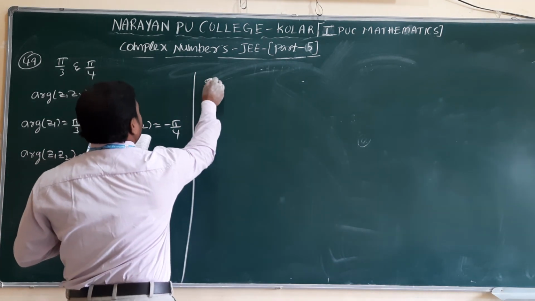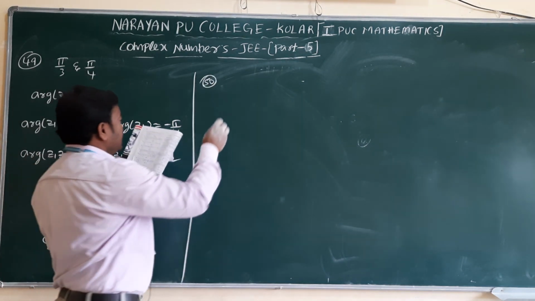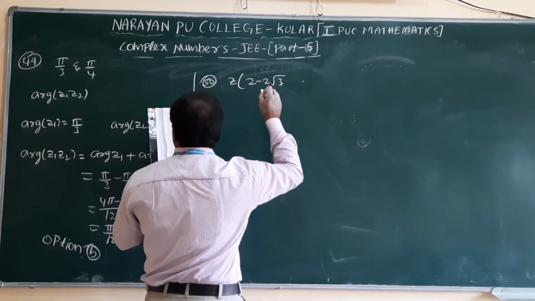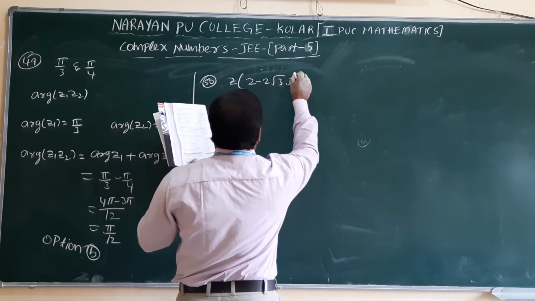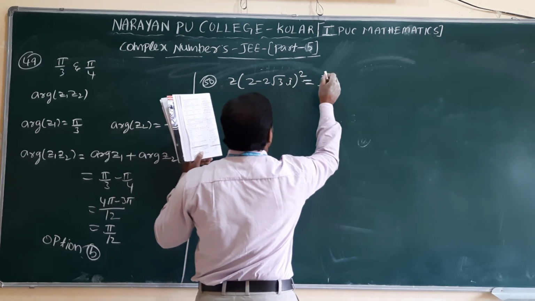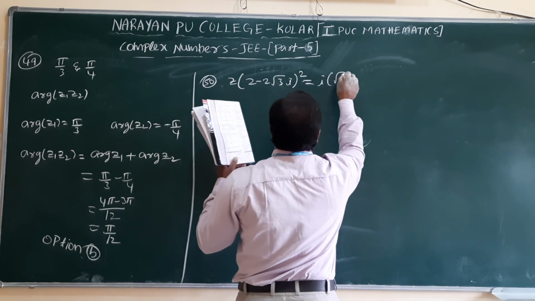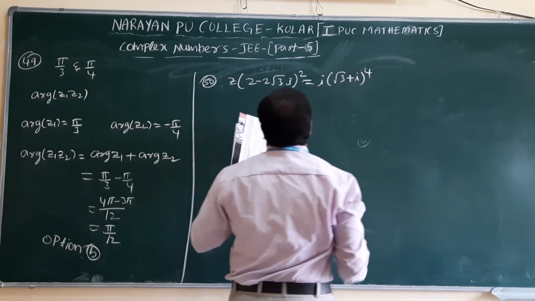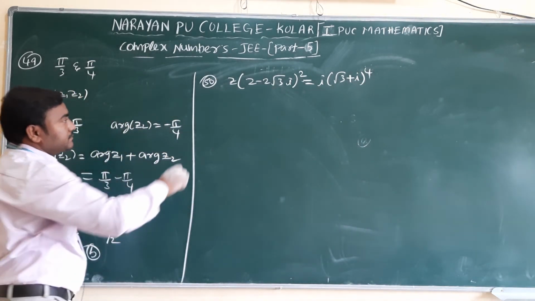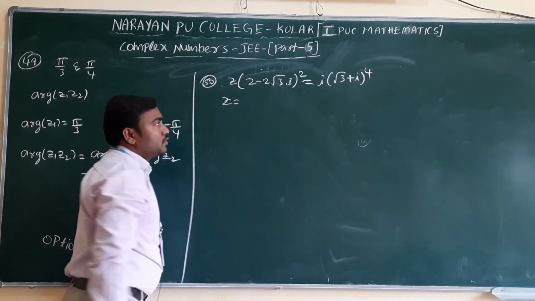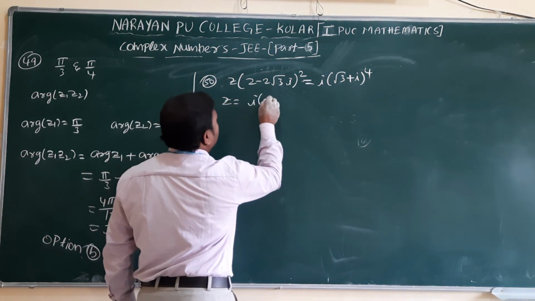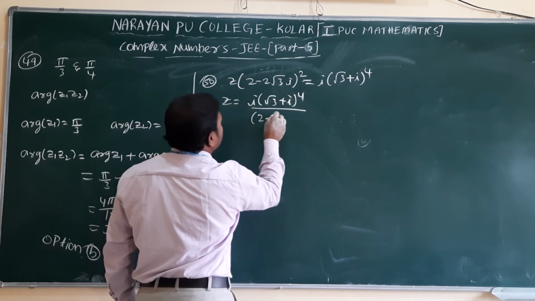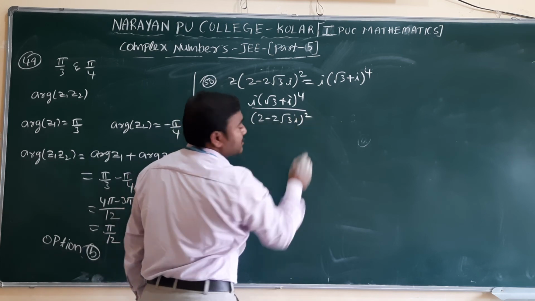Question number 50. If z into (2 minus 2 root 3 i) whole square is equal to i into (root 3 plus i) whole power 4, then z is equal to i into (root 3 plus i) whole power 4 divided by (2 minus 2 root 3 i) whole square.